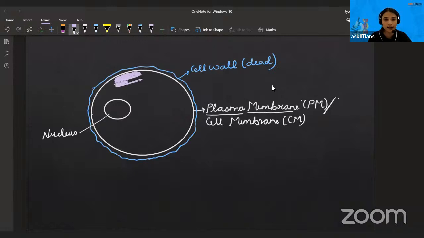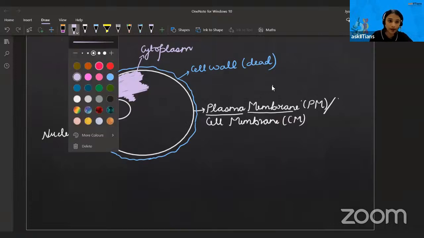Now, just a few minutes ago, I had mentioned one term, that is protoplasm. And now I'm mentioning a second term which is similar to protoplasm, that is cytoplasm. Then what is the difference between the two? See, this jelly-like substance which is present between the plasma membrane and nucleus, this is your cytoplasm. So what is the difference between cytoplasm and protoplasm?